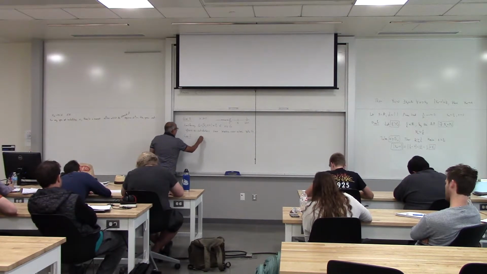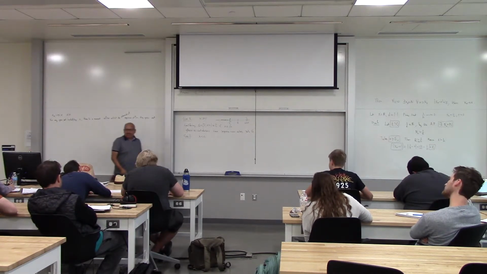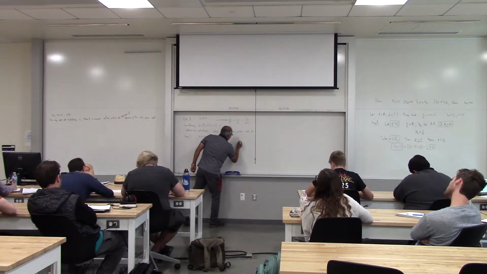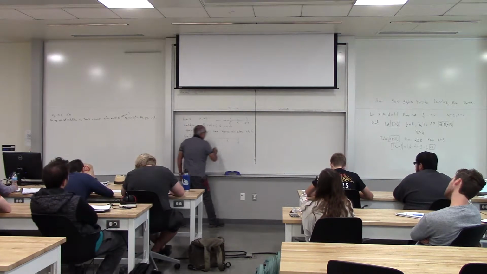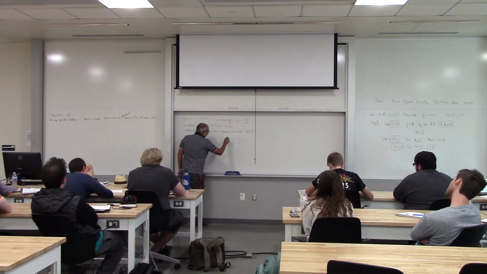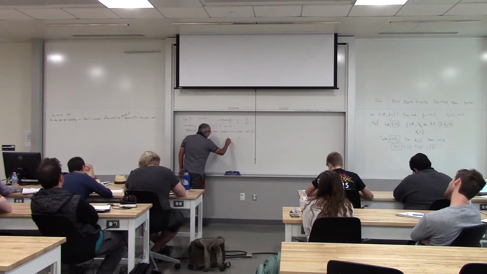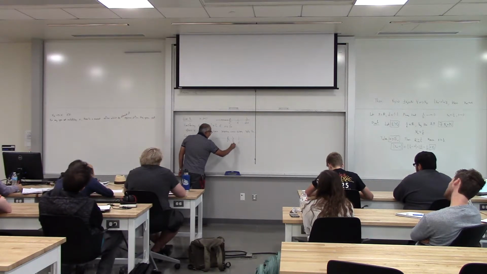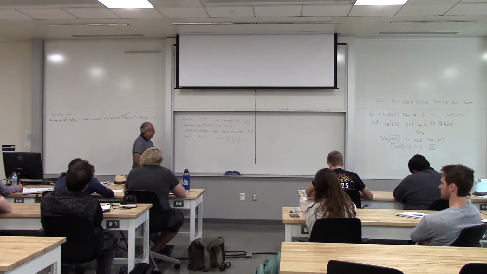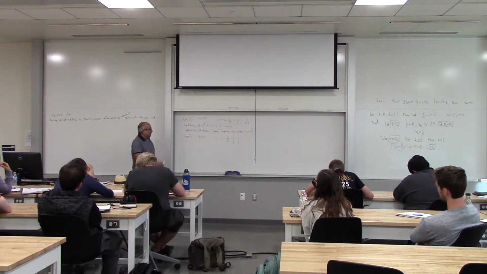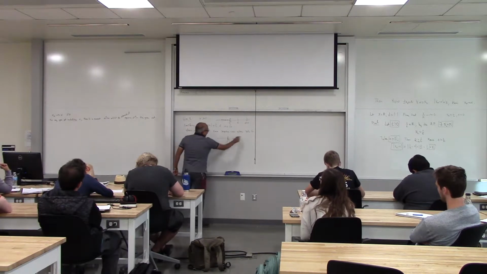Case 2. x is less than 0. Oh, that's a tricky situation. This is the situation. Here is 0. Here is x. And let's take a look at x over 2, x halves. Because x halves is on the right of x, for sure.